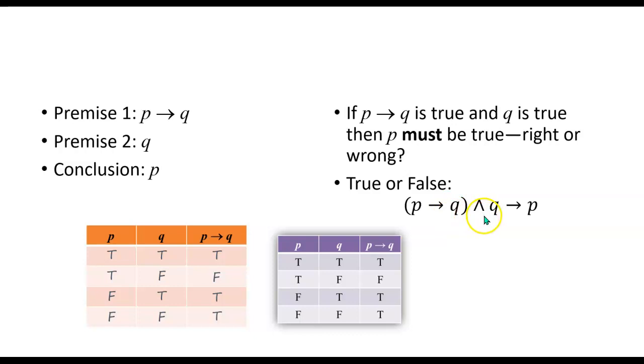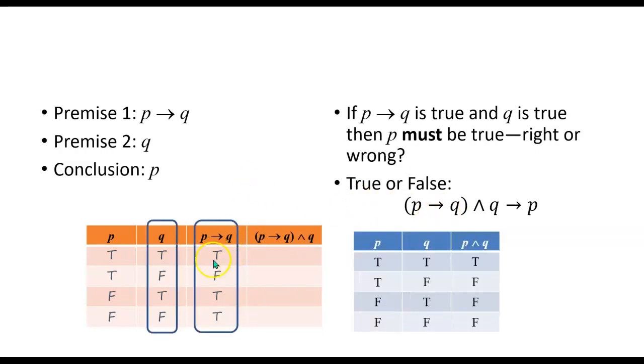And then we need to AND that with Q itself. We need to evaluate the conjunction where we're taking if P then Q and Q. So for each row of the table, look at the value of if P then Q, look at the value of Q, and AND them together. Take the conjunction.